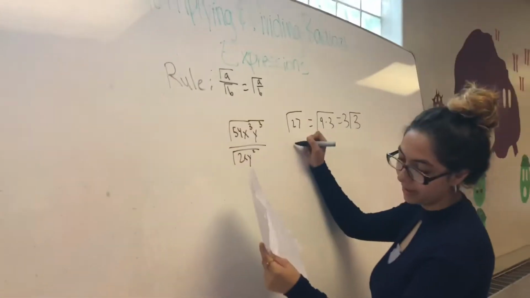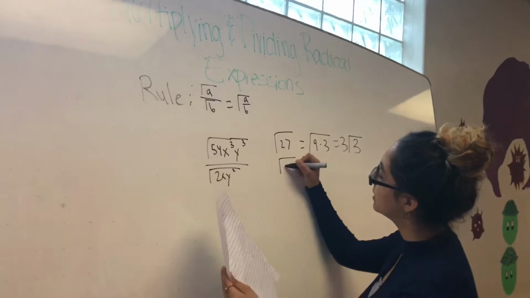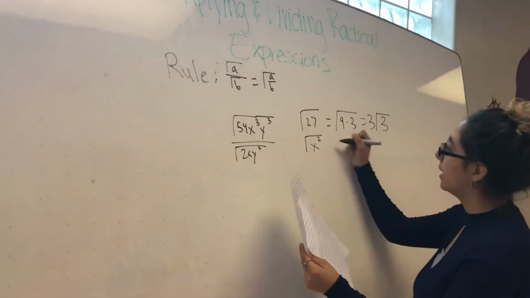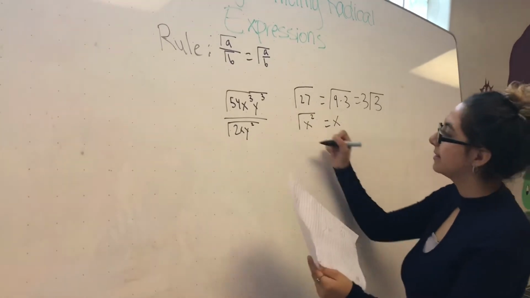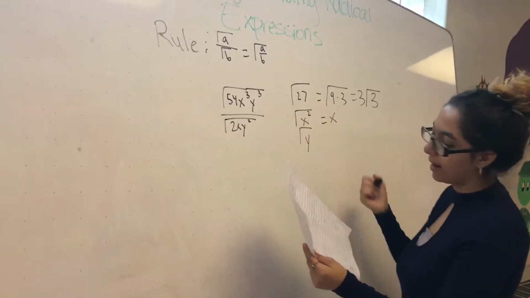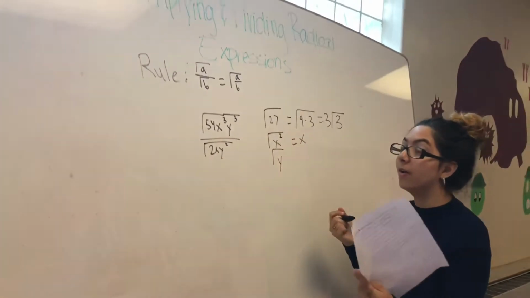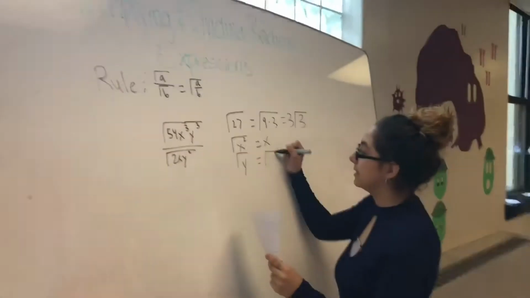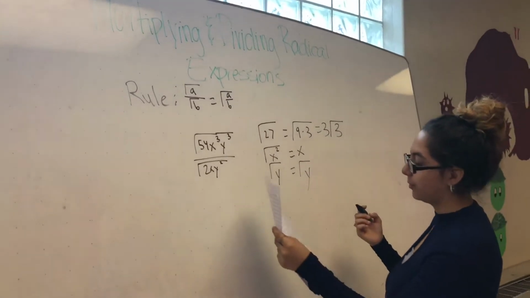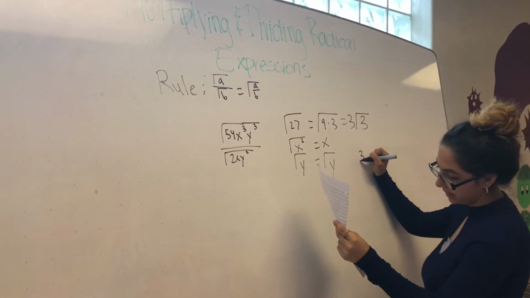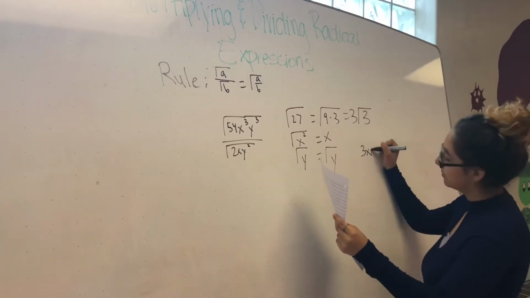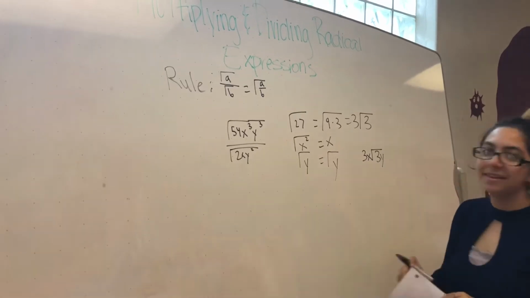Now moving on to the x's. X squared, and then 2 goes into 2 once, so it's just x. And then for the square root of y, 2 doesn't go in at all, so it'll just stay the same. Then you put it all together, and it's 3x square root 3y.